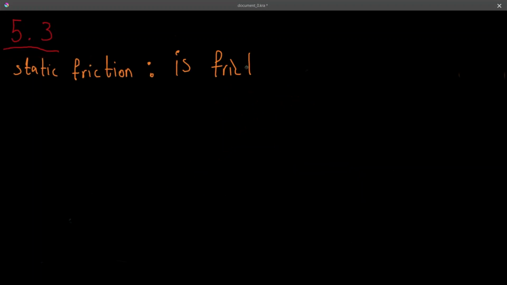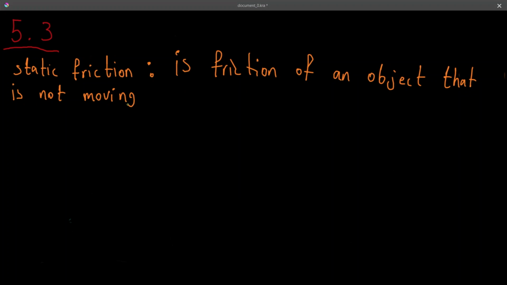Static friction, from its name, is the friction of an object that is static, or the friction of an object that is not moving. For example, say I have a heavy object, like a fridge or something. Okay, and this is you. You're trying to push this fridge, and you're on a very rough surface, right?